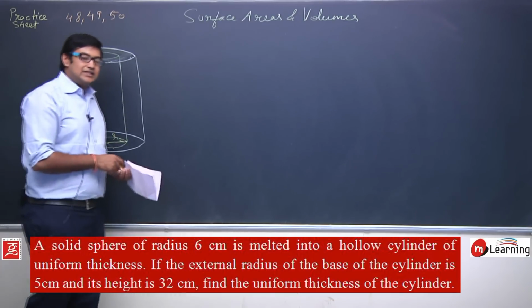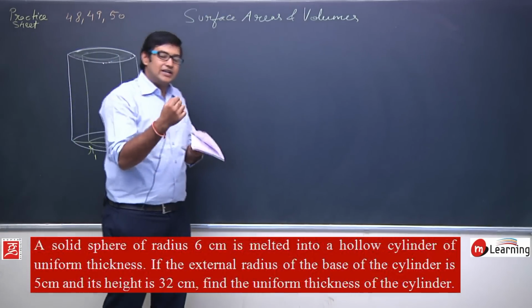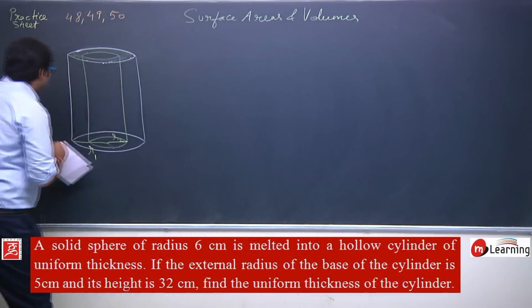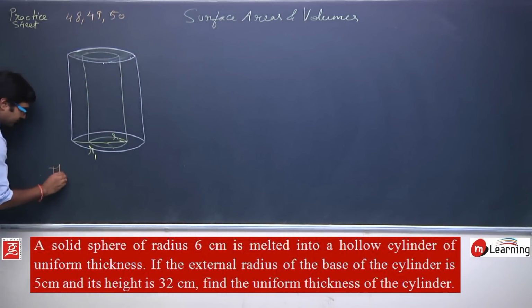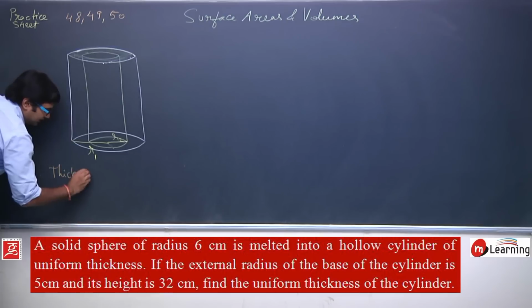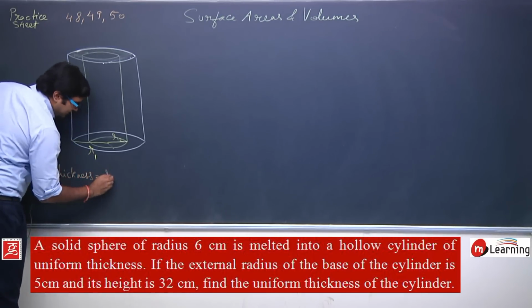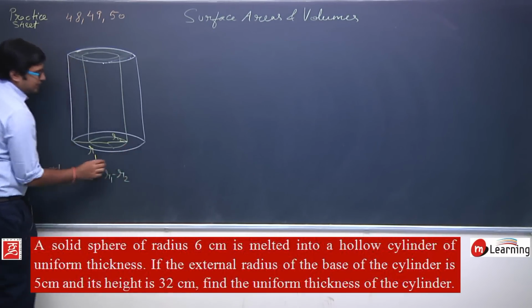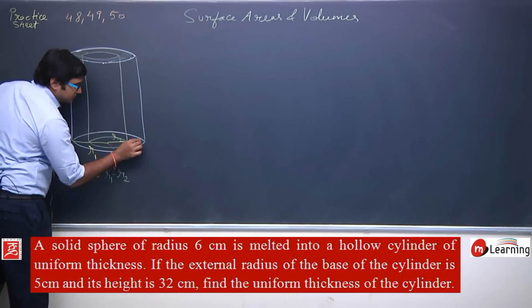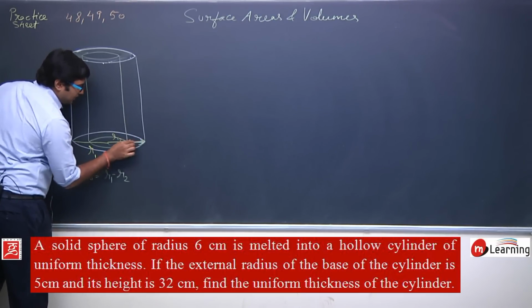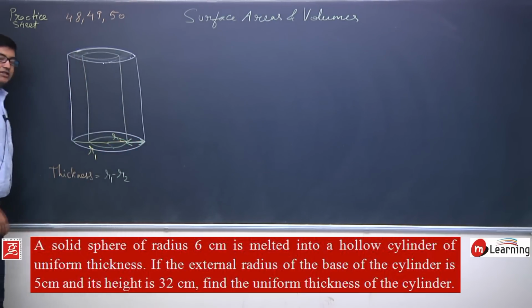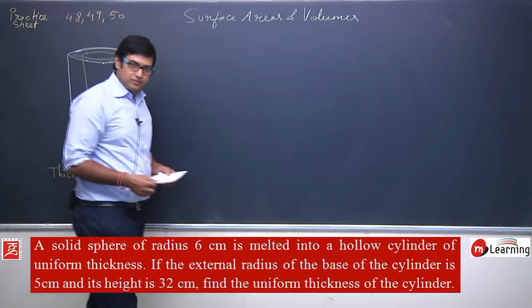So R1 is the external radius, R2 is the internal radius. The thickness of this cylinder is defined as external radius minus internal radius, that is this length. This length represents the thickness of this cylinder.